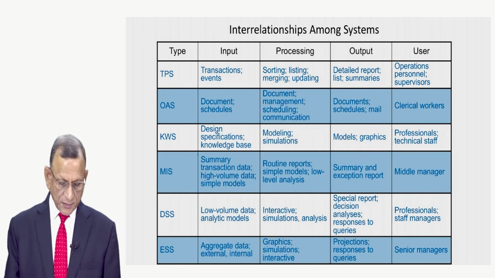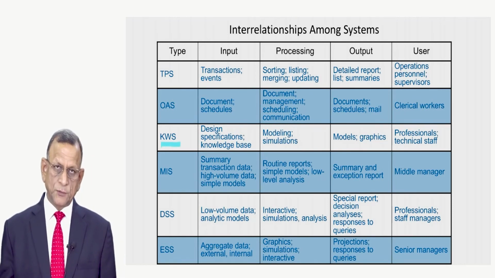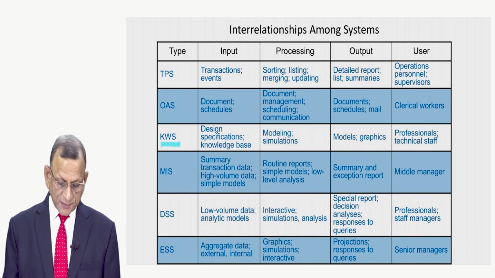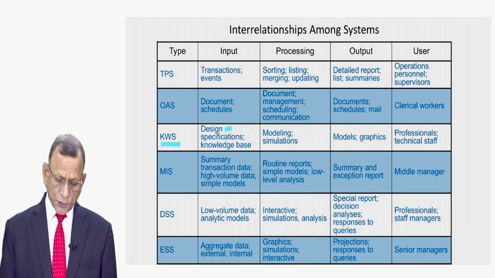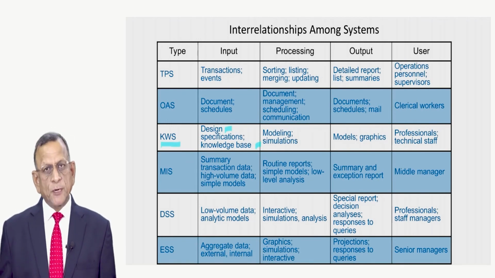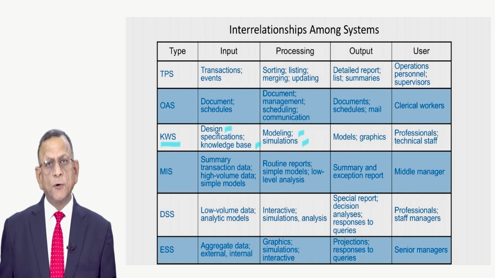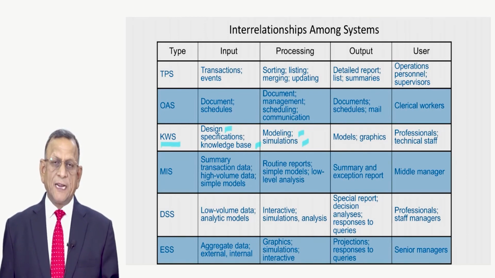Then the third one is Knowledge Work Systems. What is happening? Who is doing it? Input is design, specifications and knowledge base. What kind of processing is being done? Modeling and simulations. So they'll keep on processing the data to discover knowledge.